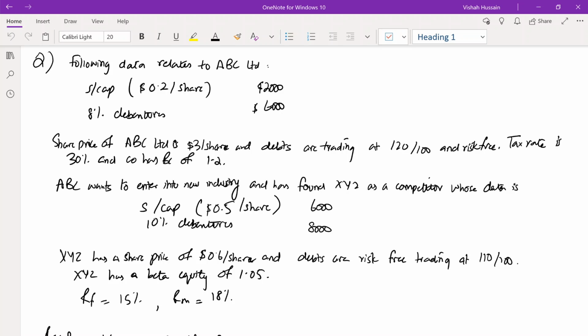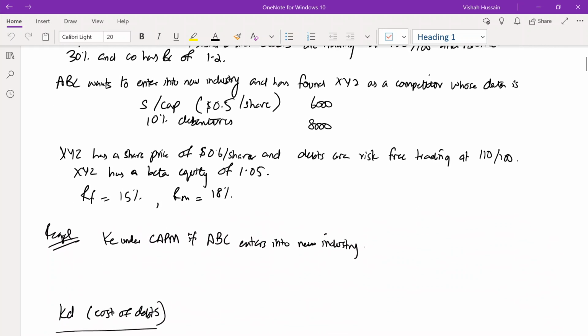ABC wants to enter into new industry and has found XYZ as a competitor whose data is share capital is $0.5 per share and 10% debentures are issued. Then they have given a competitor's data, that is XYZ has a share price of $0.6 per share and debts are risk free trading at 110 to 100.